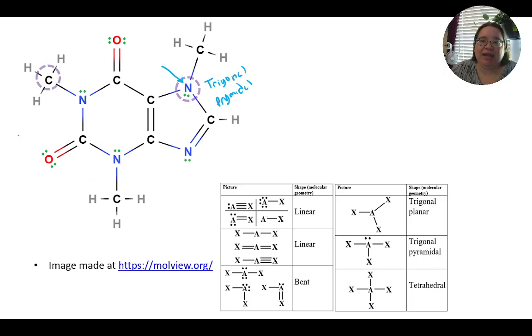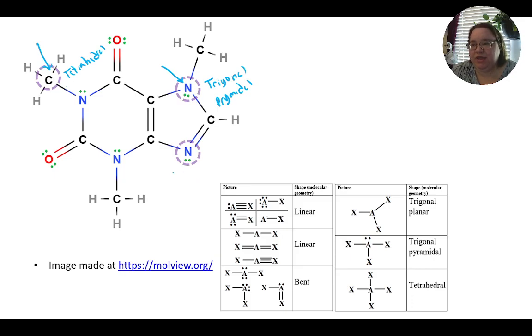Next one we're going to look at is the carbon that's on the left side of the screen. This carbon, notice it is bonded to 4 other things. It has no lone pairs, therefore it must be tetrahedral.